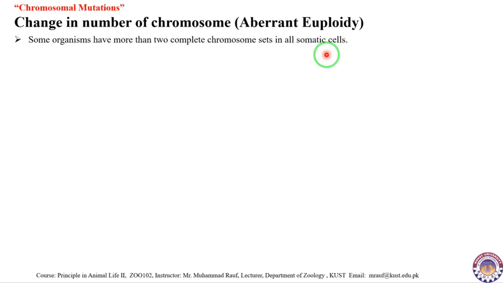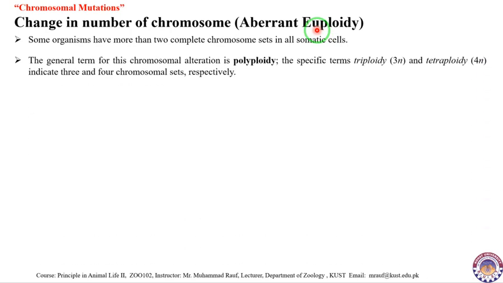Some organisms have more than two complete chromosome sets in all somatic cells. Now we are talking about aberrant euploidy. Euploidy is the chromosome complement, the number of sets in a cell or an organism. If the change occurs in the number of sets, then it is called aberrant euploidy. The general term for this chromosomal alteration is polyploidy.